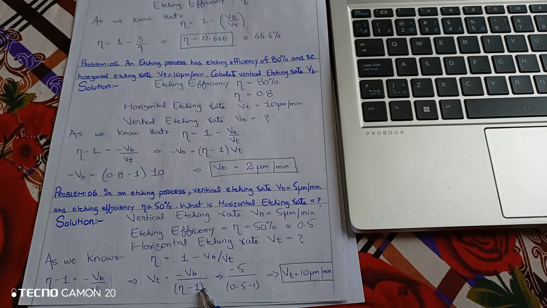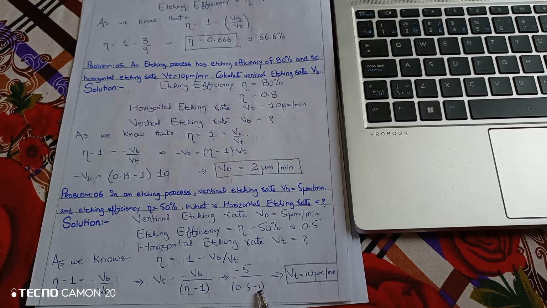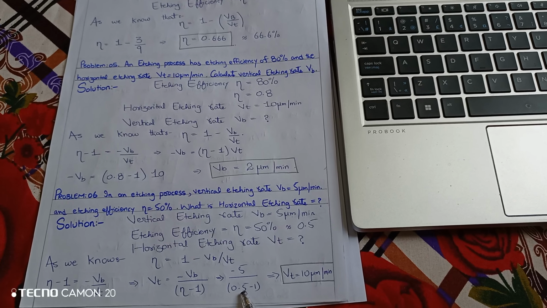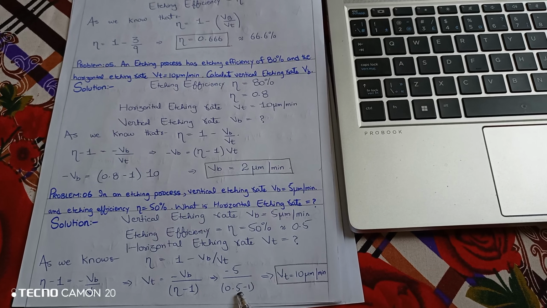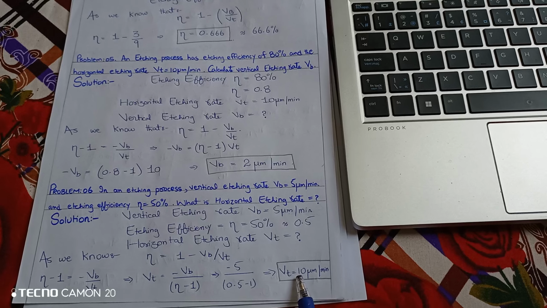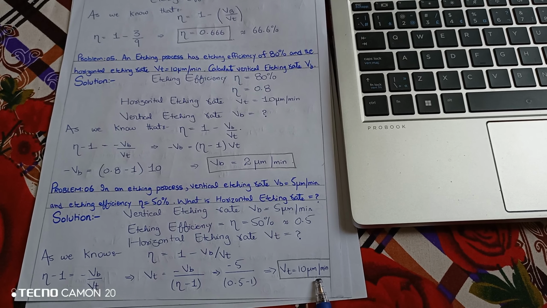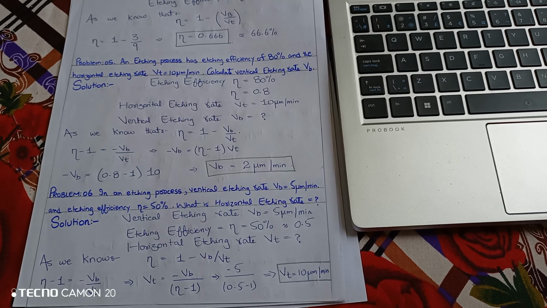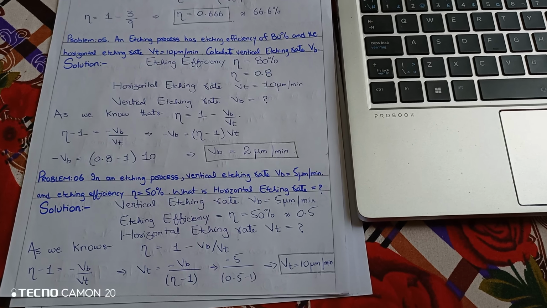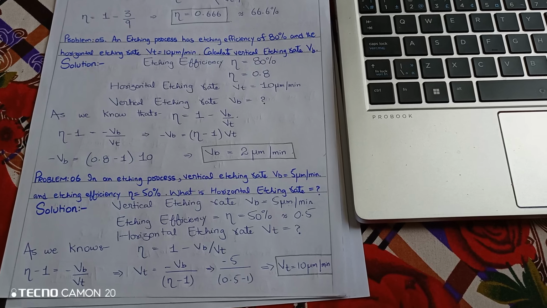Putting the value of eta, which is 0.5 minus 1, it becomes minus 0.5. The minus cancels, and 5 divided by 0.5 gives Vt equals 10 micrometer per minute. So this is how you can find the horizontal etching rate if the efficiency and the vertical etching rate are mentioned. Okay, now let's move on towards our seventh problem.